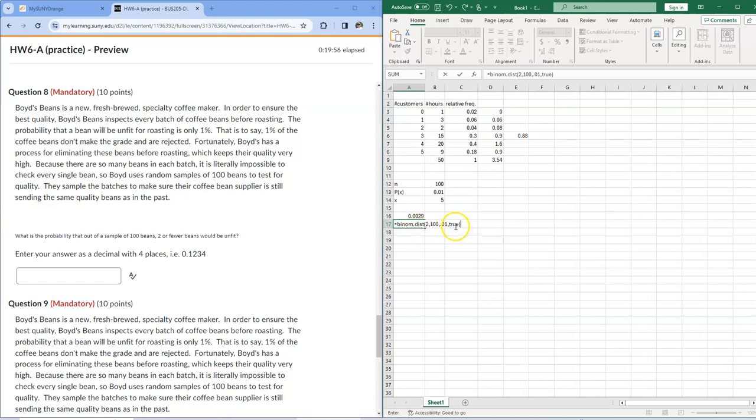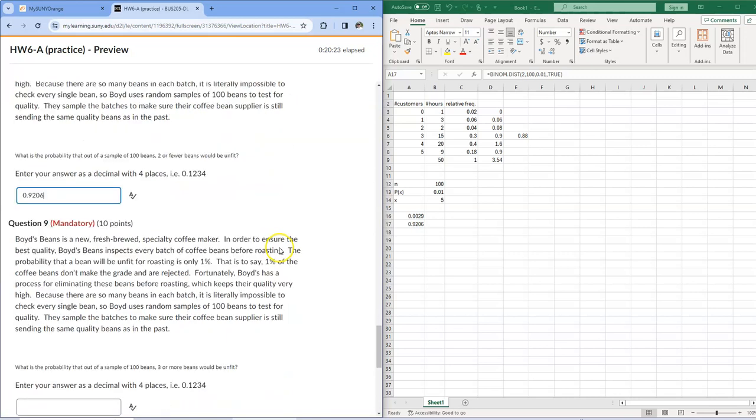So when I put true in this formula, that's going to give me the probability of 2 beans being unfit, 1 bean, or 0 beans. So anything that you put in the first slot here and you put true, it's going to give you that number equal to or less than. So I hit enter, and I'm just going to shrink this down to 4 decimal places. I get 0.9206.